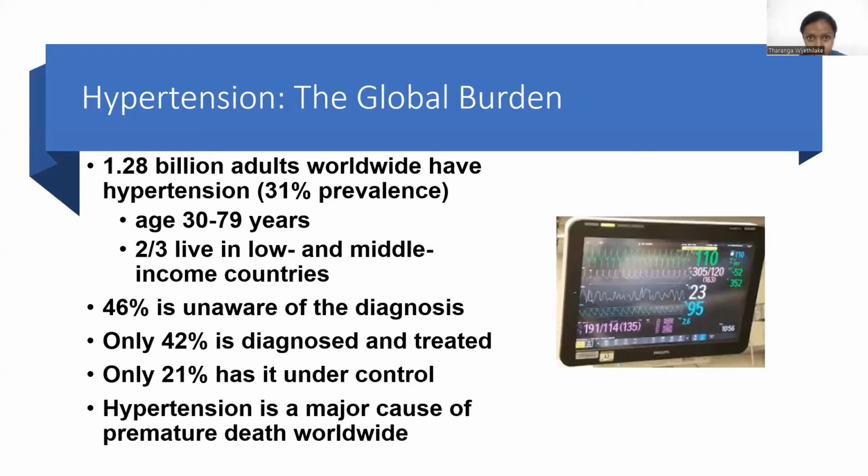Out of them, two-thirds live in low and middle income countries like ours. 46% of them are unaware that they have hypertension. 42% get diagnosed and treated, but only 21% have it under control.